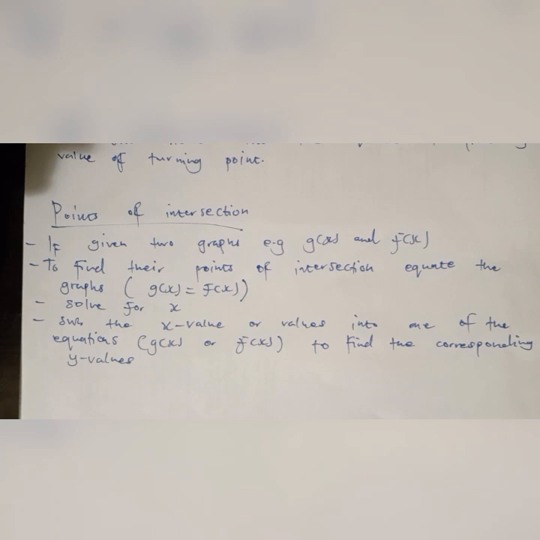Then after that we solve for x. We sub the x value or values into one of the equations, g of x or f of x, to find the corresponding y values of the point of intersection or points of intersection. And that is about it.